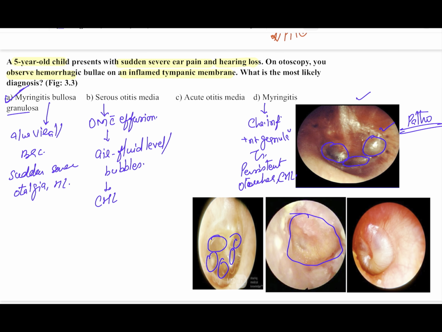This is also associated with conductive hearing loss, and the patient will have a feeling of fullness. So this is characteristic for serous otitis media.